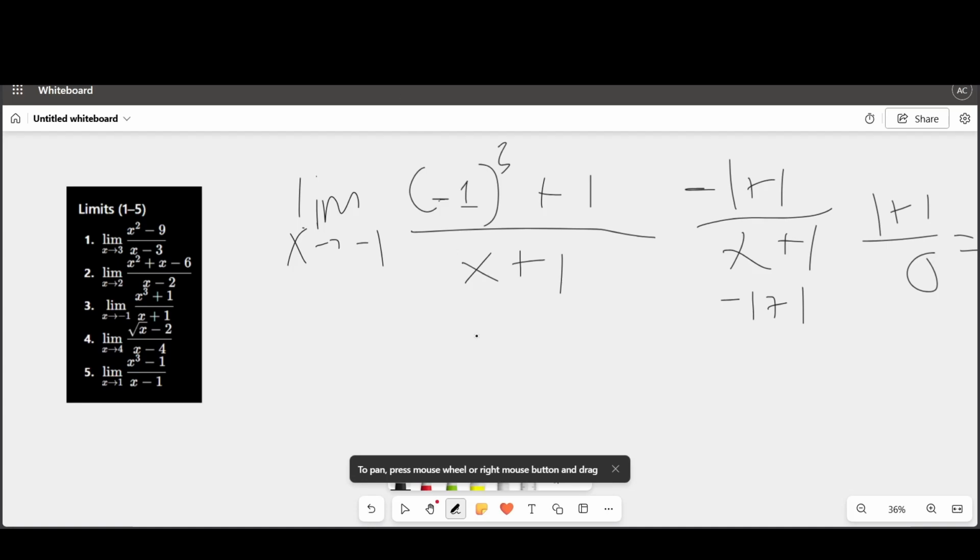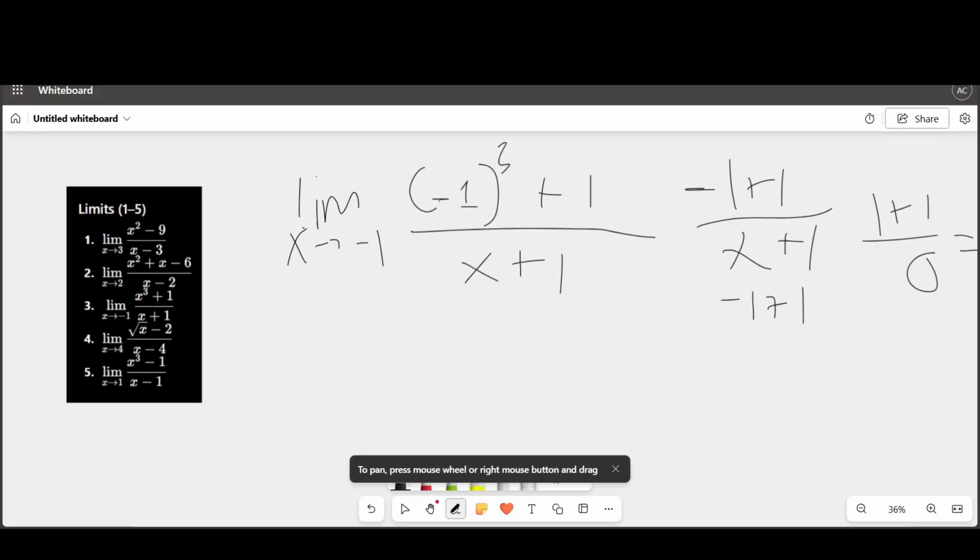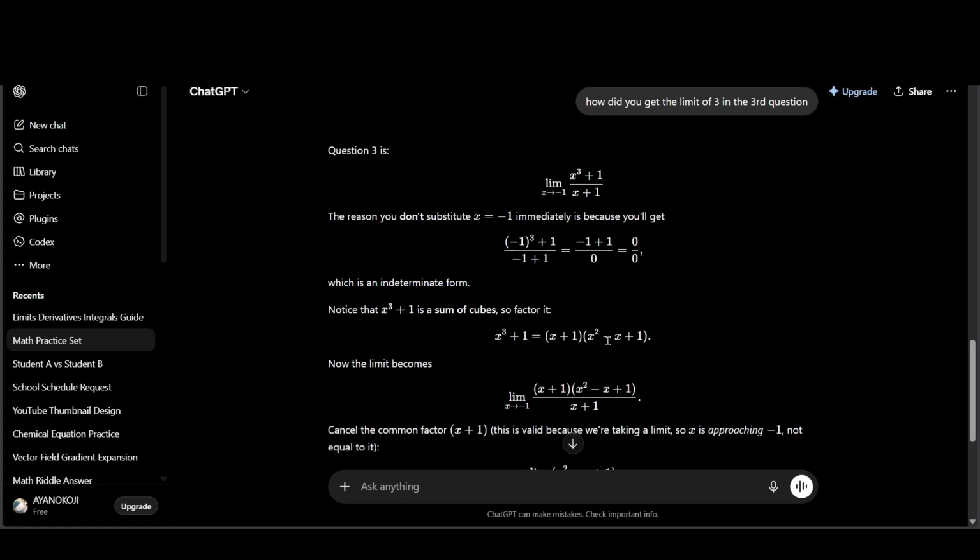Okay, so if I'm getting this right, I think. Hold on. What? But the cube is 3, right? So how did it come to this? How did it come to this? X plus 1.